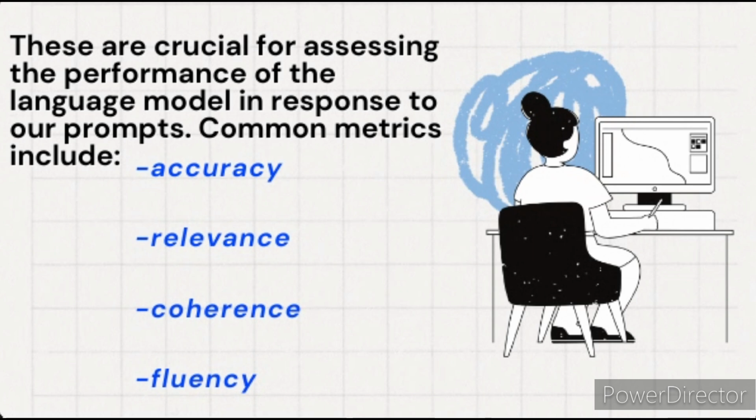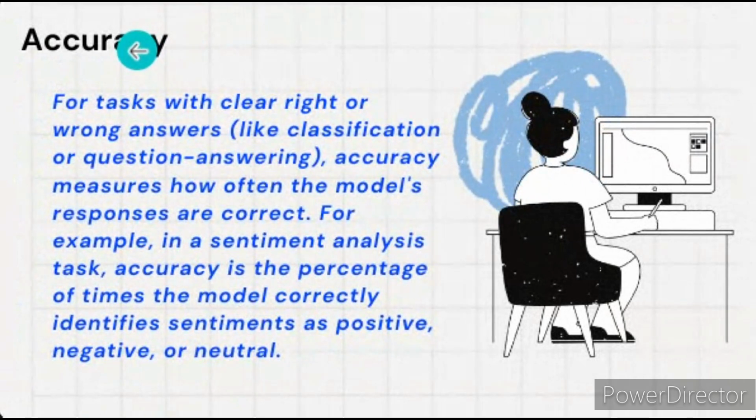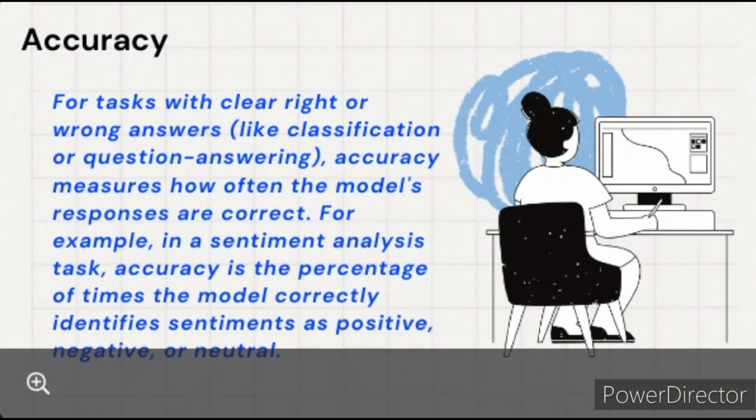Accuracy means, for tasks with clear right or wrong answers, like classification or question answering, accuracy measures how often the model's responses are correct. For example, in a sentiment analysis task, accuracy is the percentage of time the model correctly identifies sentiments as positive, negative, or neutral.